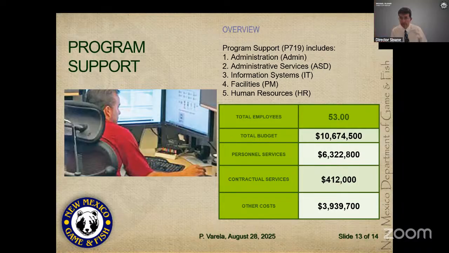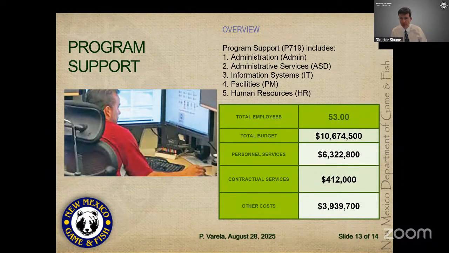Okay. So for the administration division, it's approximately 1,066,700. For human services, it's 454,600. For our IT department, it's 3,075,400.